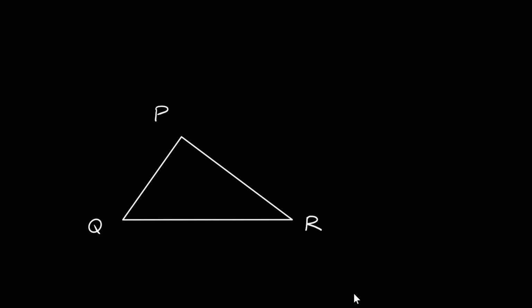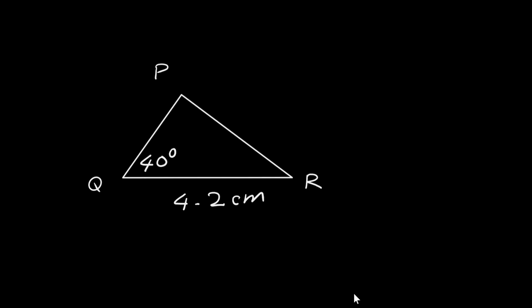So in triangle PQR, QR is 4.2, right? Dimensions on the figure. The figure is not to the scale, just a rough sketch. Angle Q is 40 degrees, and PQ plus PR is equal to 8.5 centimeters.